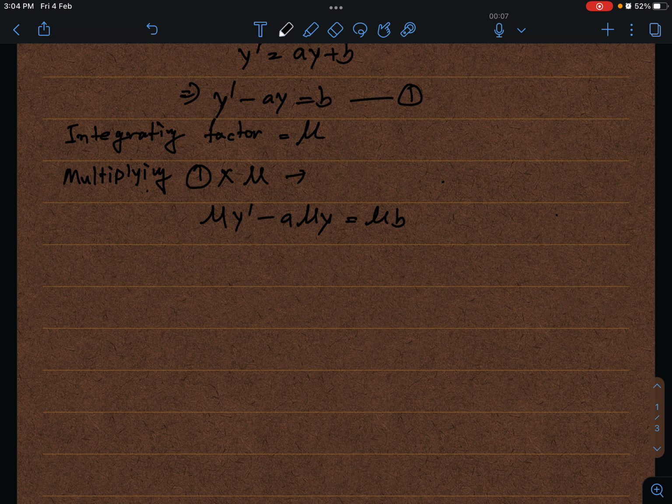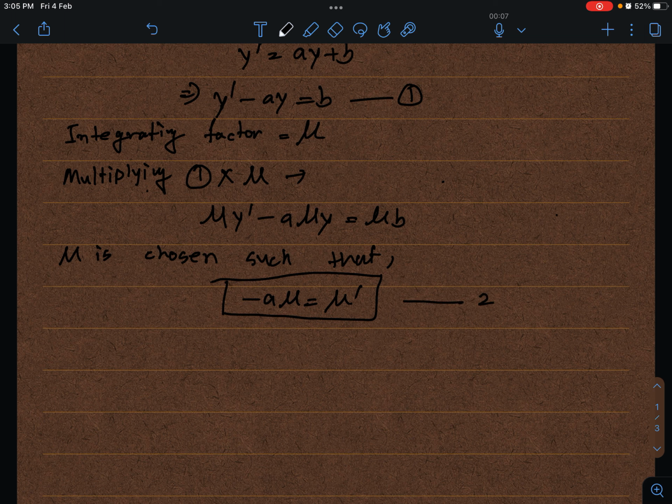We choose a positive function mu. So mu is chosen in a way such that minus a mu equals mu prime. So this is the definition of mu. We'll definitely see an example, but this is the formal definition of mu. Let's say this is equation 2.